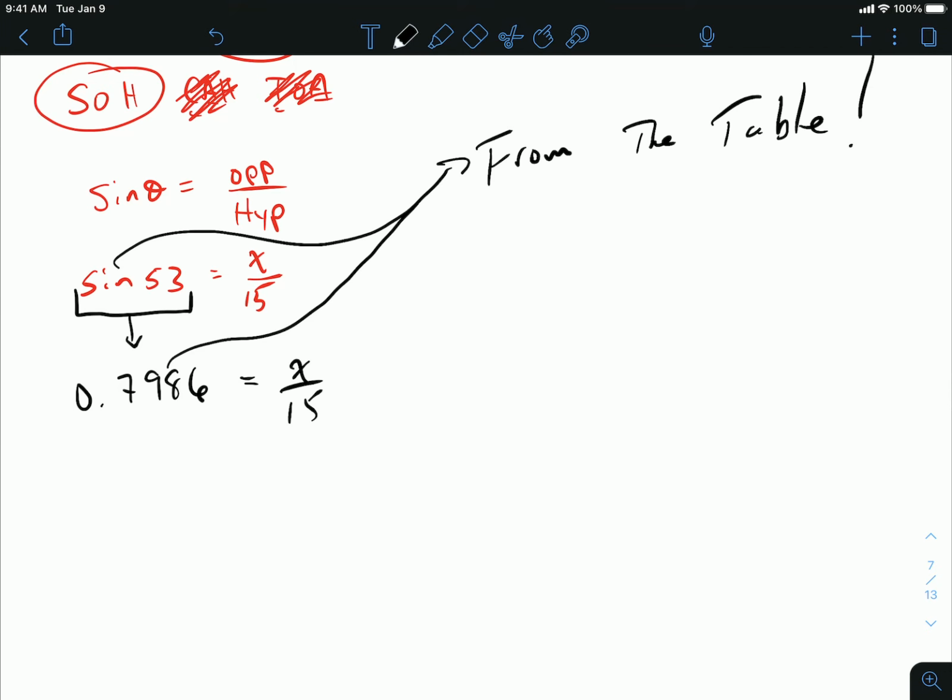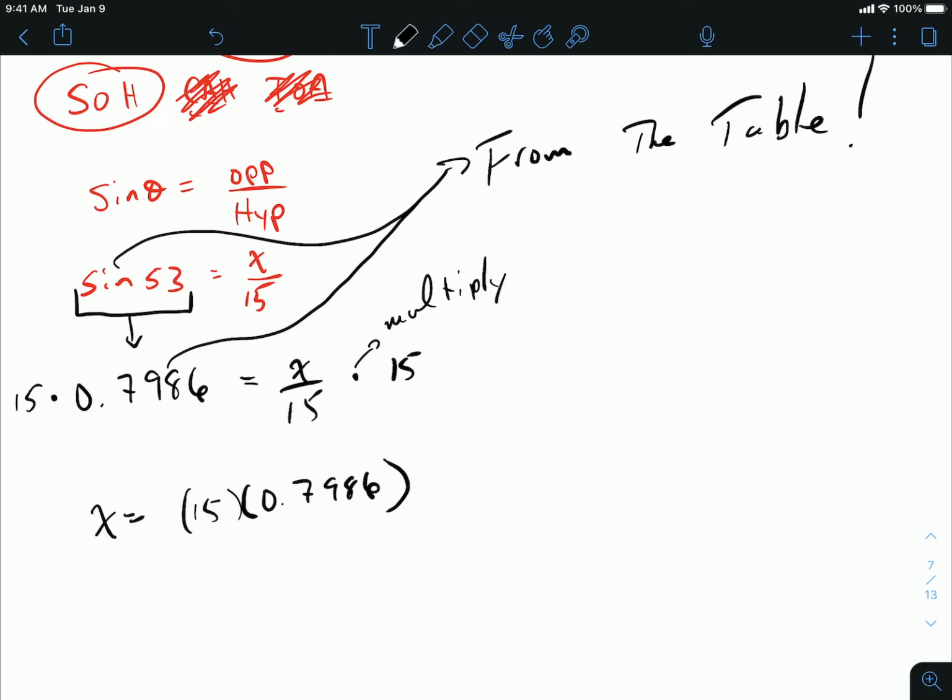Okay, how do I solve for x? Just multiply both sides by 15. Remember, the little dot means multiply. If you didn't want to write them in brackets, you can put a little dot there. Which means x is equal to 15 multiplied by 0.7986.